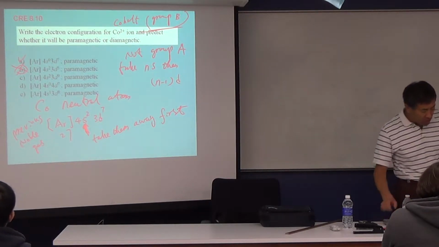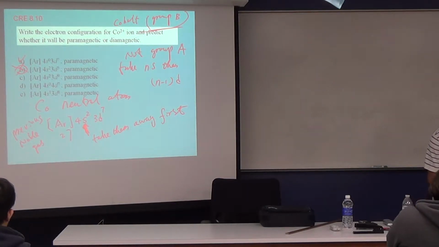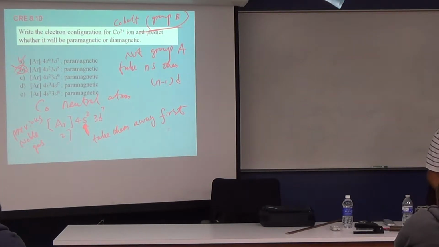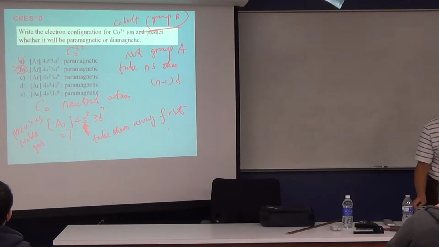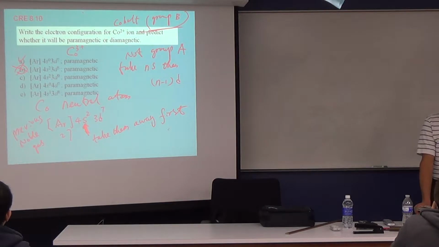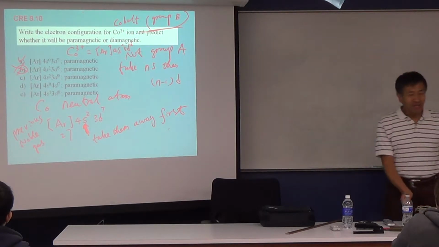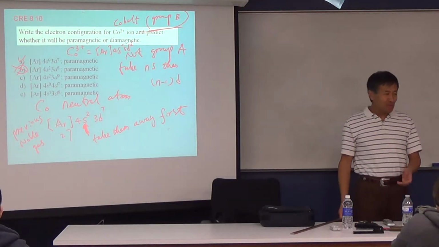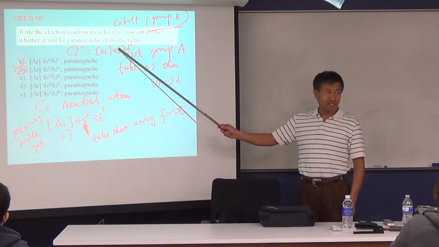And now what will be the configuration? Let's say we want to produce Co3+, what will be our result? Wouldn't it be Ar, 4s, arrow, 3d6? Very good. So you get a 3d7, so that means you already took 2 electrons away from the 4s, that becomes 0.